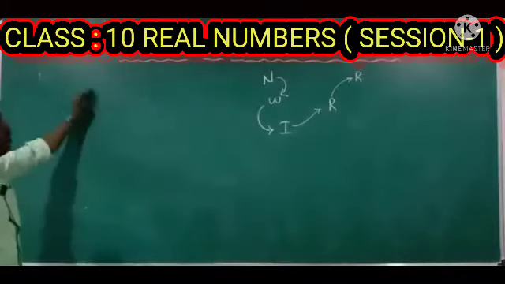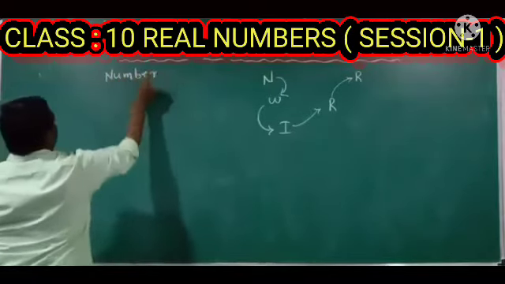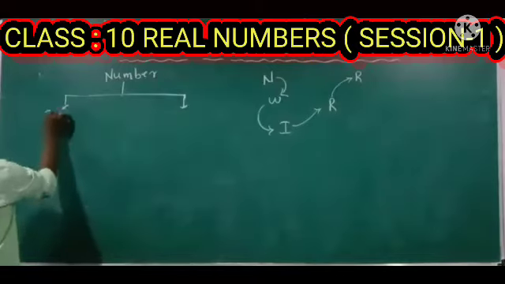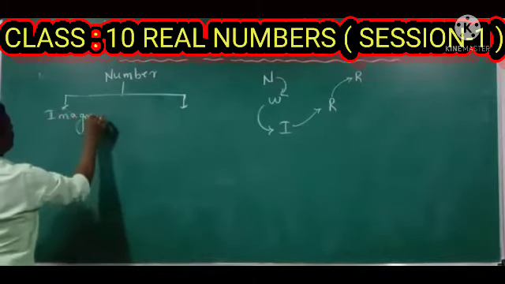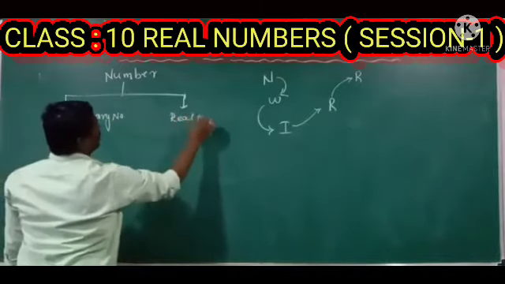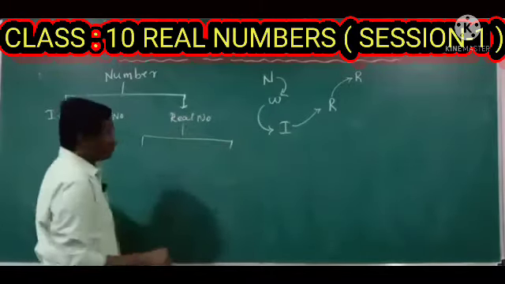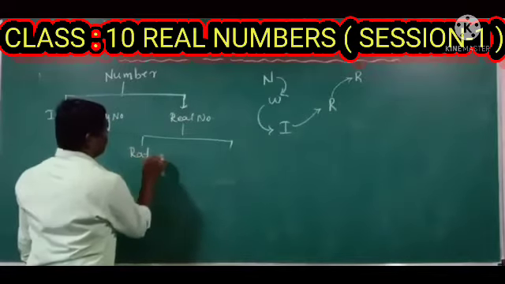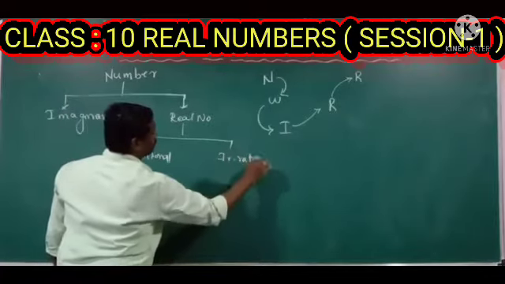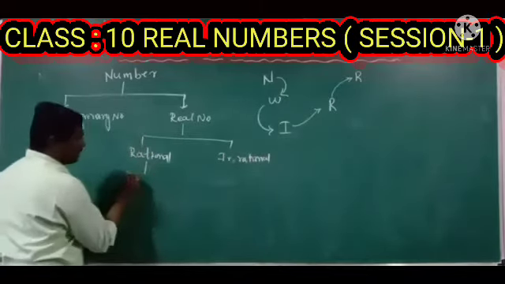But symbolically, the number is first classified as imaginary numbers and real numbers. And these real numbers are again classified as rational numbers and irrational numbers.